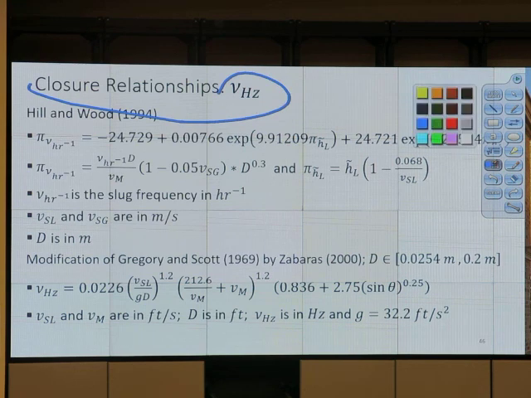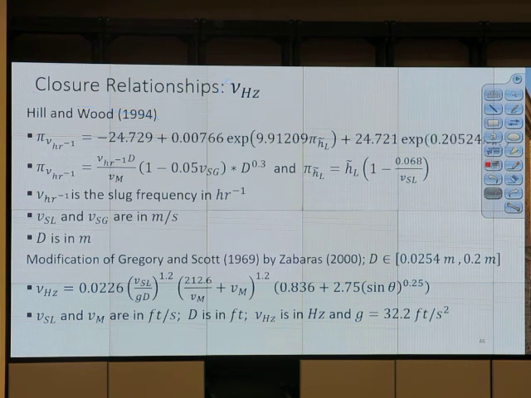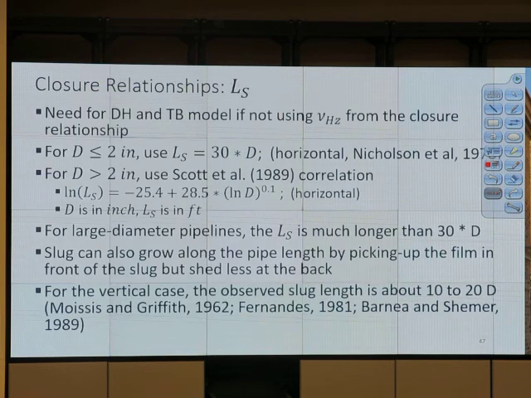Frequency, do we need frequency? Yes, Dukler and Hubbard need frequency, and there's a correlation for frequency. Instead of frequency, we may use slug length, slug length over 2. If you use both at the same time, something has to be adjusted, otherwise you don't have mass balance. And there's a suggestion: less than 2 inch, 30 diameters; more than 2 inch, use this equation.